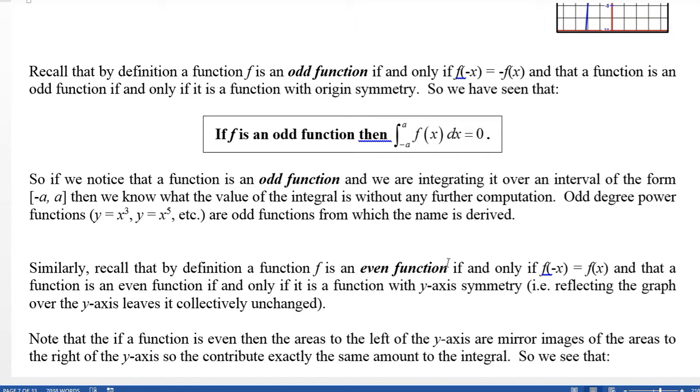And so we have a reflected image that is ultimately the same. Not necessarily point by point the same, but collectively as a set of points, it's the same. Okay, that is y-axis symmetry, and a function with that property is an even function.